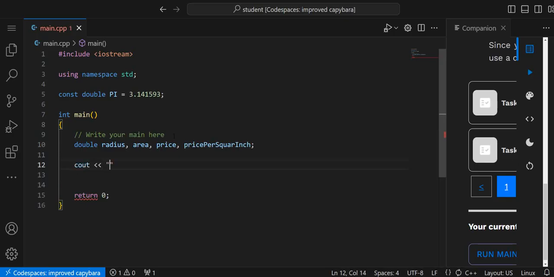Now let's go to our cout and let's say enter the radius of the pizza. Cin radius.